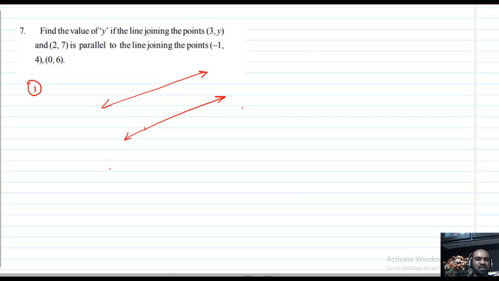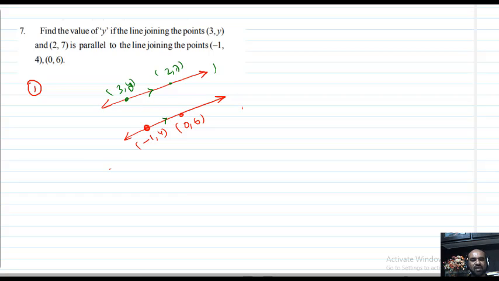One line is passing through the points minus 1 comma 4 and 0 comma 6. Another line is passing through the points 3 comma y and 2 comma 7. So what is given? These two are parallel lines.